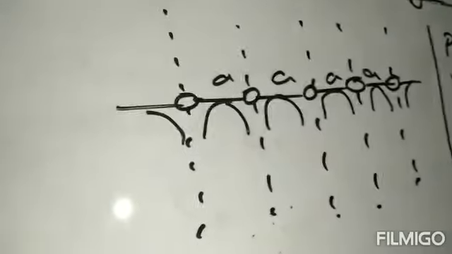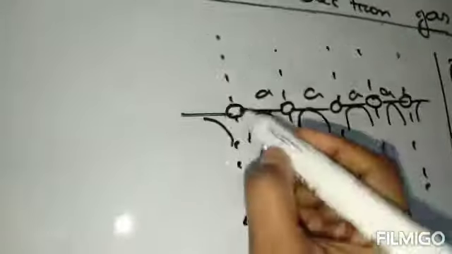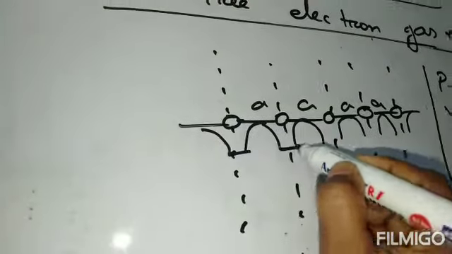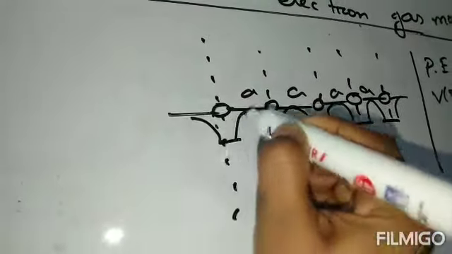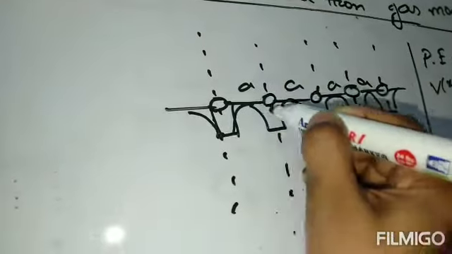So now we consider a square potential. This is zero potential, and this point is V0, some potential.